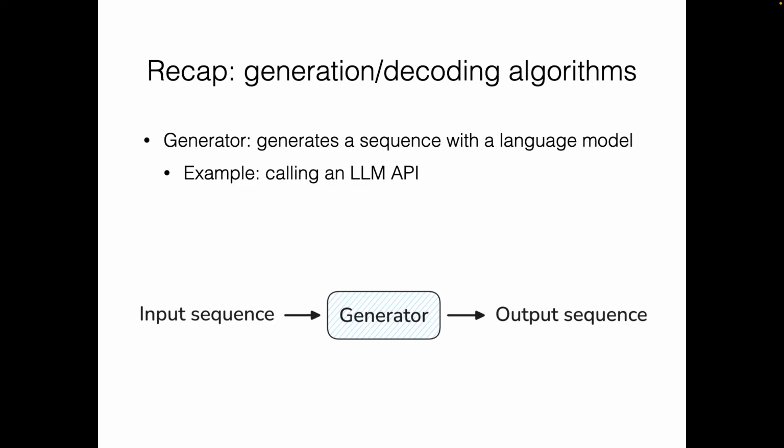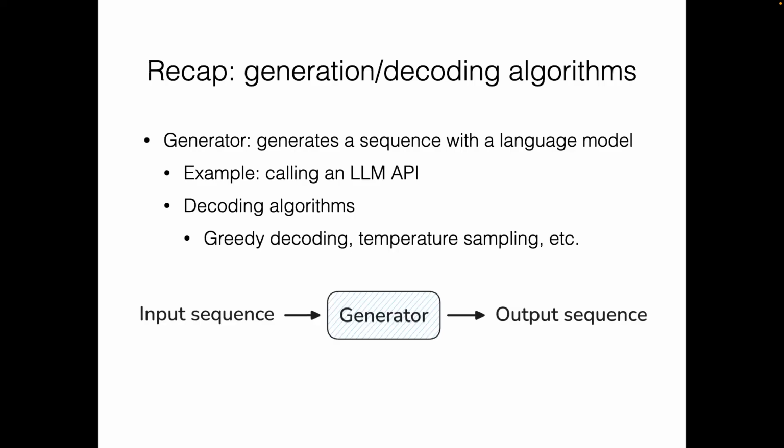An example could be calling an LLM API once. You could think of this as calling one of the decoding algorithms that we talked about in the decoding algorithm lecture, which by now you've had to implement and use. If you remember, these algorithms were things like greedy decoding, temperature sampling, and beam search, and they're aimed at producing one output sequence.